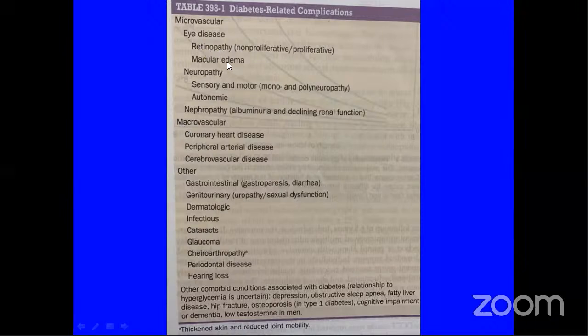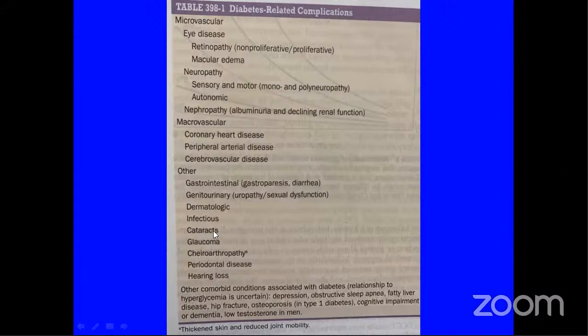Then other causes: the GIT, it causes gastroparesis, and genitourinary, it causes sexual dysfunction, even impotence. You may get diarrhea or gastroparesis, and it leads to blindness and hearing loss.